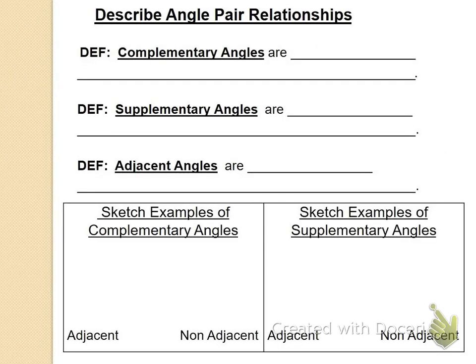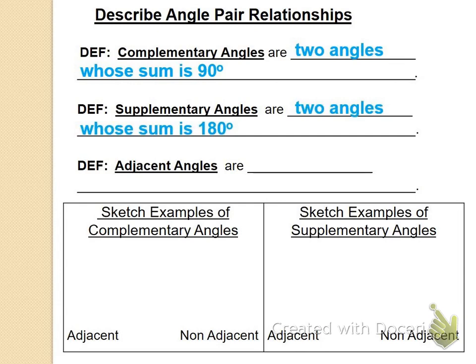Right? So, a reminder, not the first time you've seen complementary or supplementary, but do you remember? Complementary angles are two angles whose sum is 90 degrees. Supplementary angles are two angles whose sum is 180 degrees. One way to remember that is think about alphabetically. C comes before S, right?